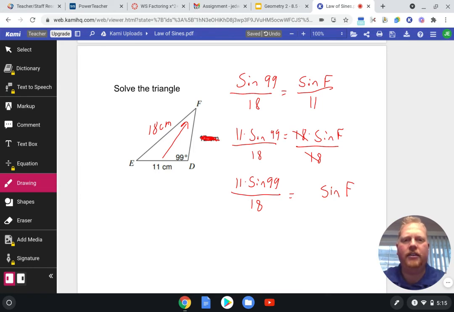So now to get angle F by itself, I have to undo the sine. So I'm going to do the inverse sine to both sides.